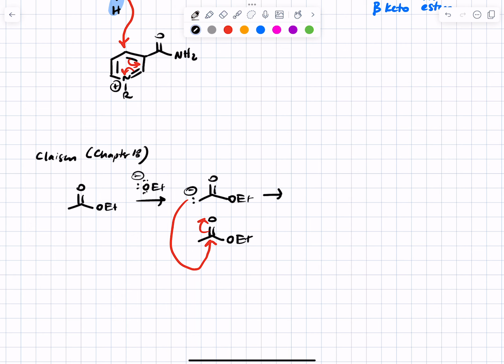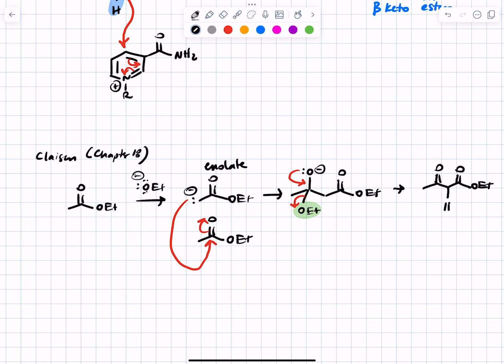This is the aldol-like step of enolate attacks carbonyl carbon. That makes a new bond between the alpha carbon of the enolate and the carbonyl carbon of the electrophile. But you have something that's a decent enough leaving group relative to a negatively charged oxygen to kick off ethoxide, and the product is this beta keto ester.